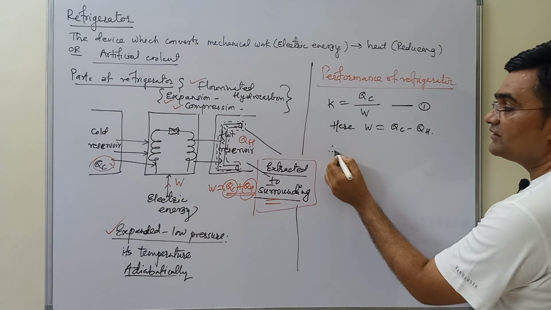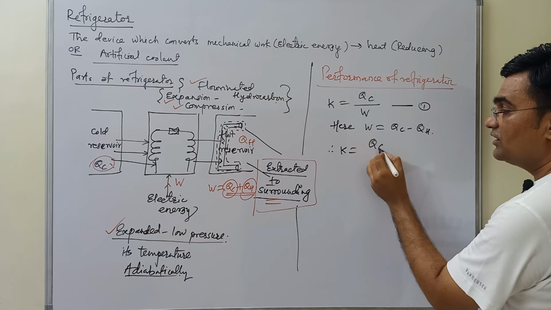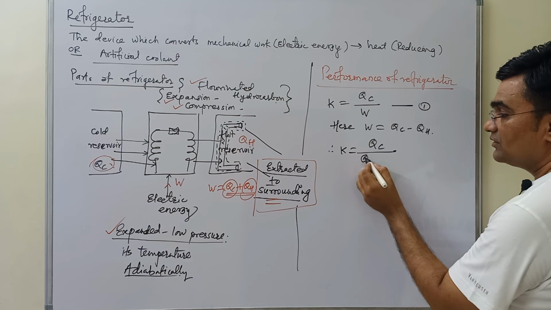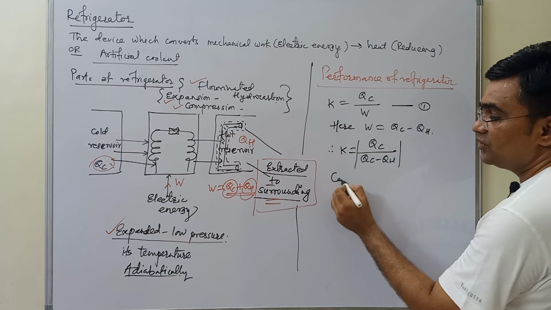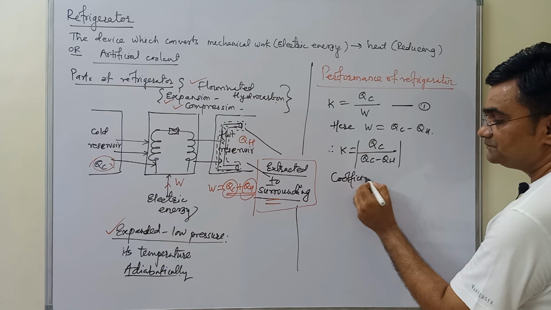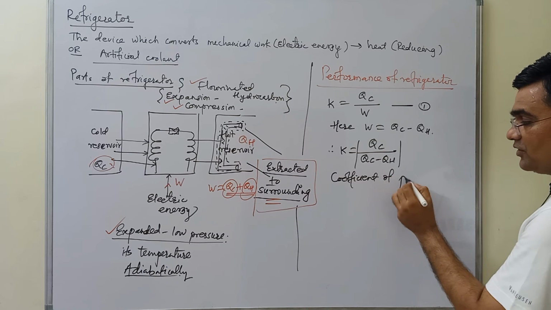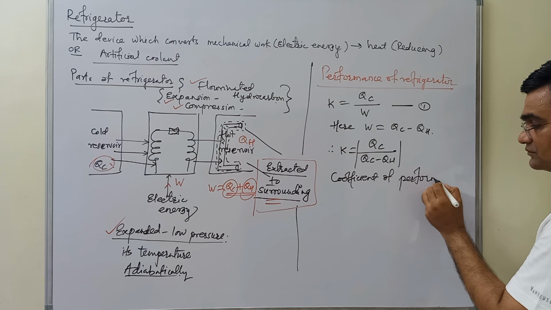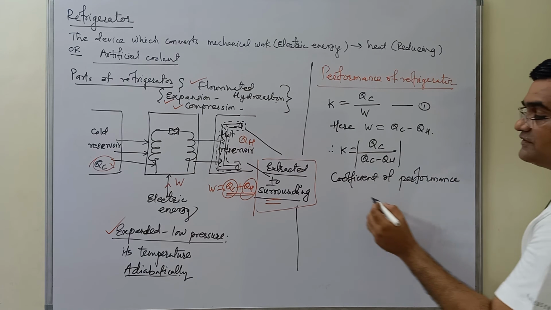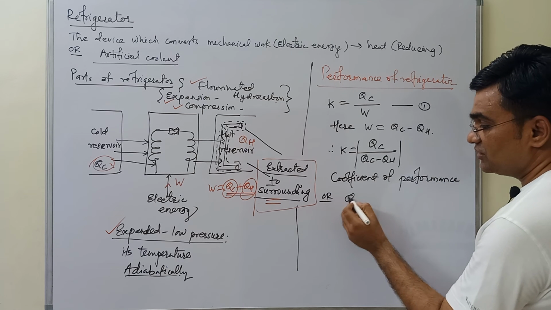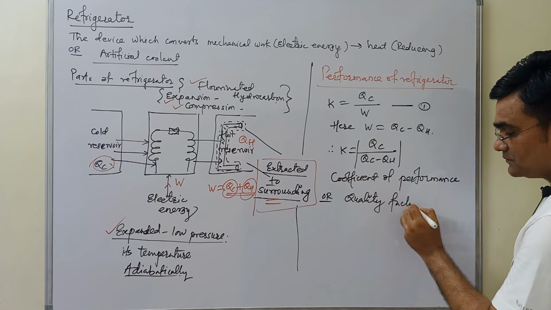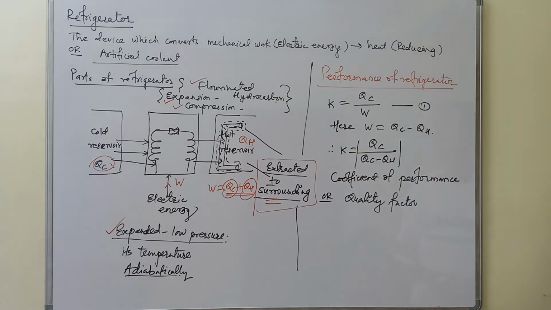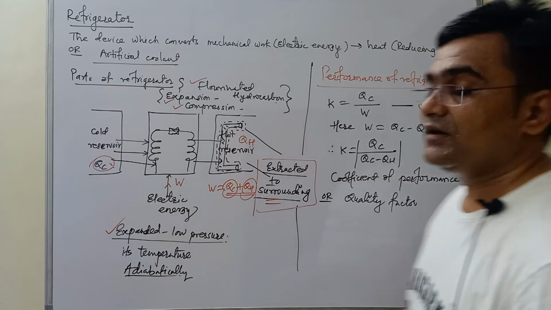So if I replace here, K equals QC upon QH minus QC. This term is also called the coefficient of performance, or quality factor.